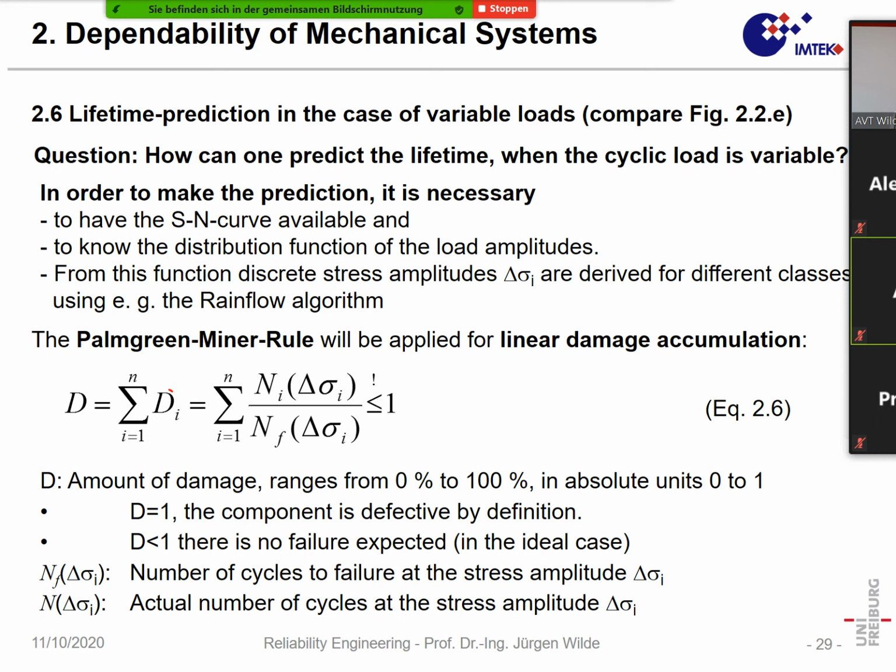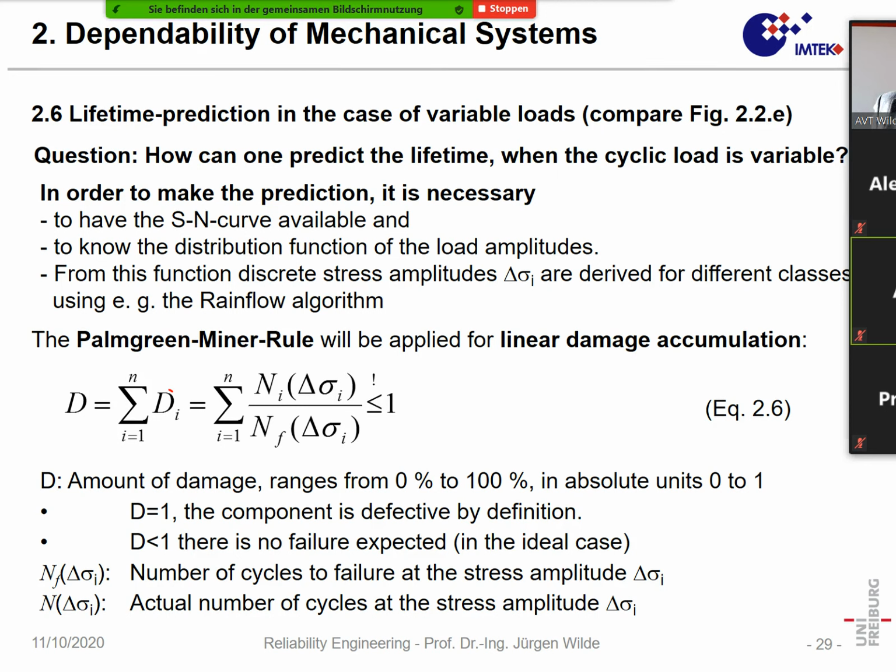And that Palmgren-Miner rule is the easiest way to predict fatigue lifetime under conditions of variable testing or under variable service conditions. Okay, I think we will have to treat it in the exercise, but on the other hand, that is a concept which can also be used for other types of failure.